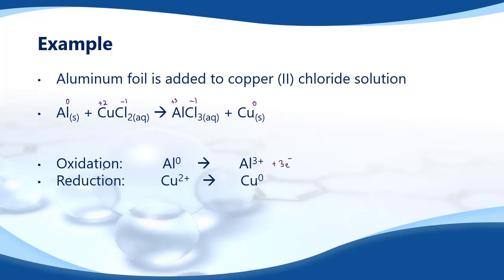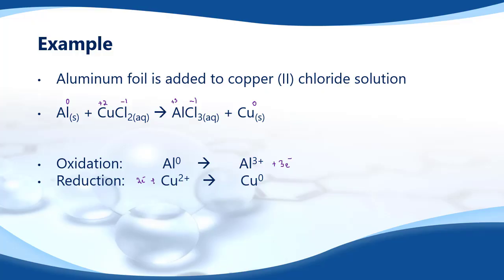Right? Remember, it's an oxidation. Oxidation is loss of electrons, so electrons should be a product. And I'm going to make 3 of them. Reduction, +2 on this side, 0 as a product, means I have to add 2 electrons to this side. Right? So now this side is 0 and 0, and it's balanced. Remember, it doesn't have to be 0, but for this example, it winds up being that.